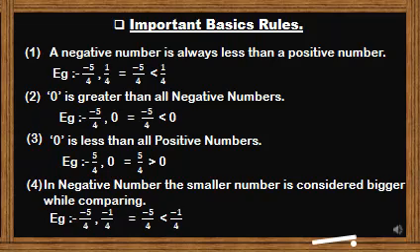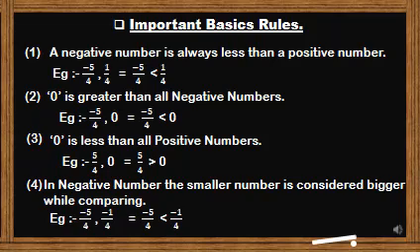And just the opposite, our third one, 0 is less than all positive numbers. Example, 5 upon 4 and 0. Here 5 upon 4 is greater than 0. All positive numbers will be greater than 0 and all negative numbers will be less than 0.